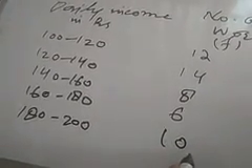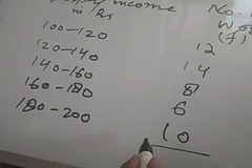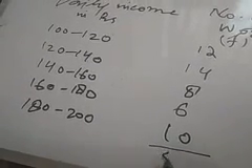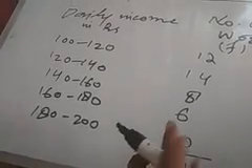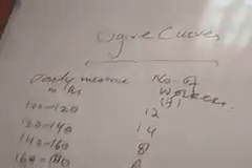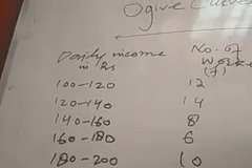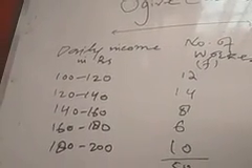The total number of workers is 50. You have to convert this into a less than type of Ogive curve.